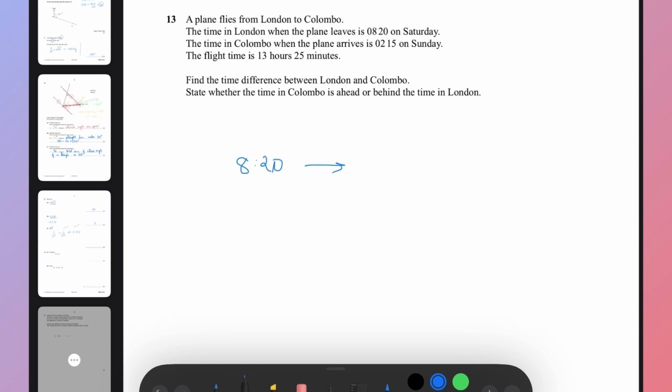It arrives at 2:15. The flight time is 13 hours 25 minutes. Now you have to check. This is 2:15. This is the timing, students.